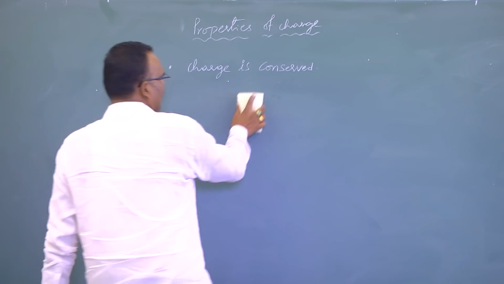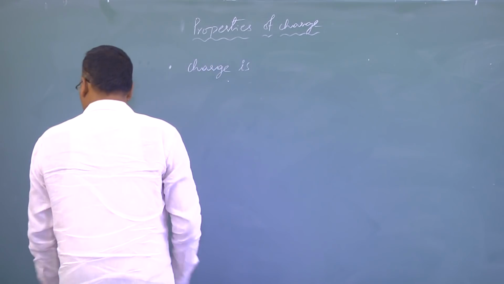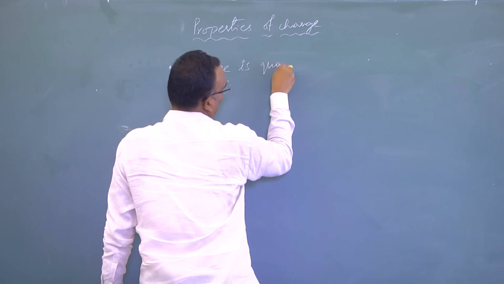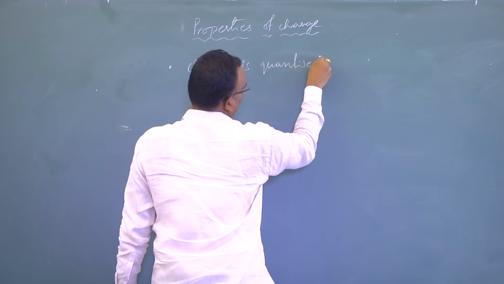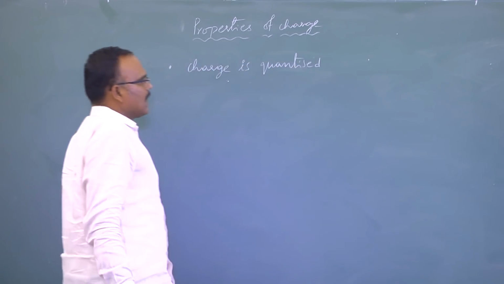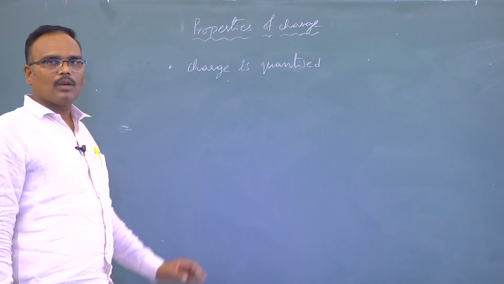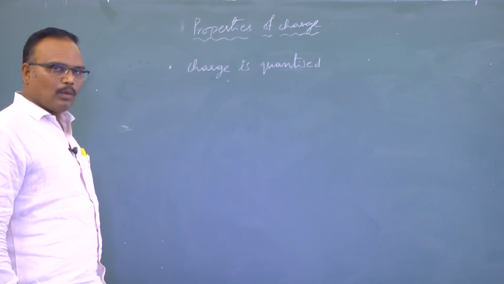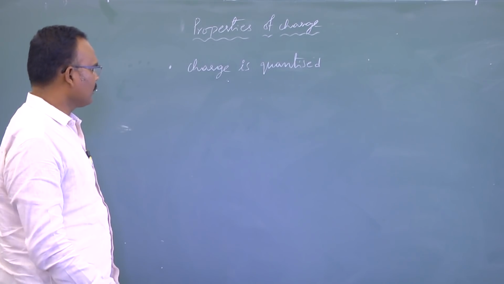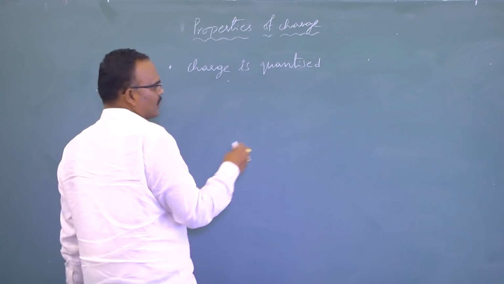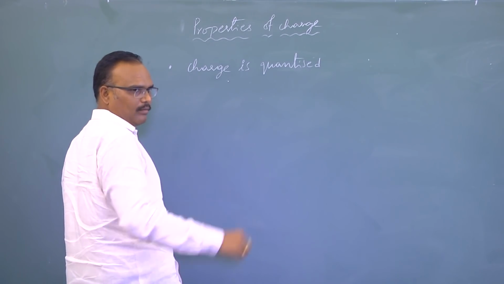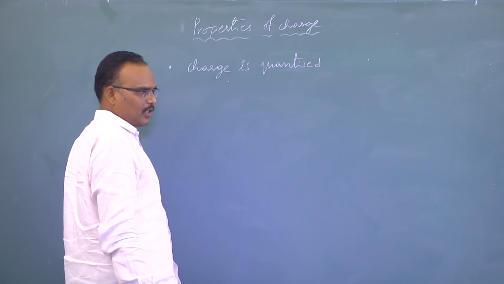Third property of charge is quantized. What is the meaning of quantization? Any body has charge in integer multiples of the charge of the electron. That is the meaning of quantization.